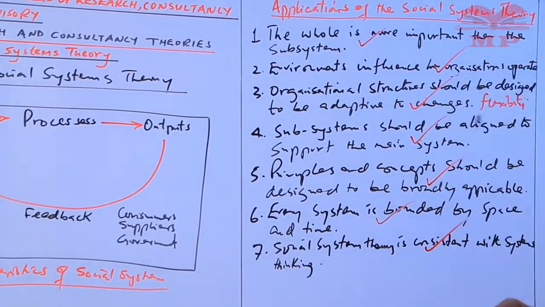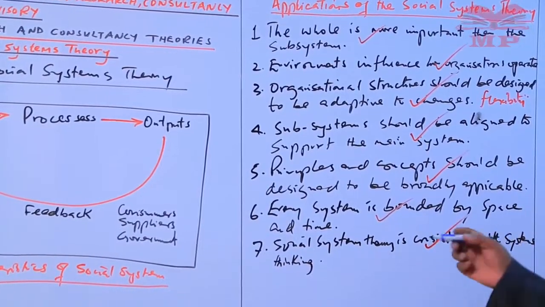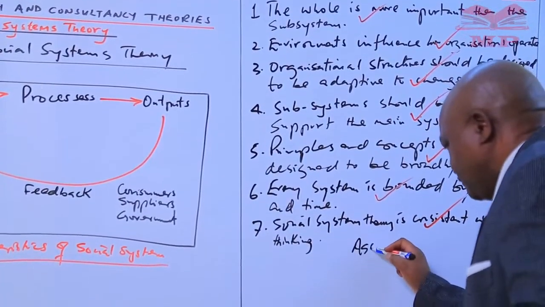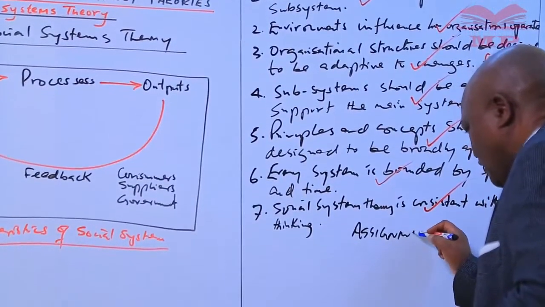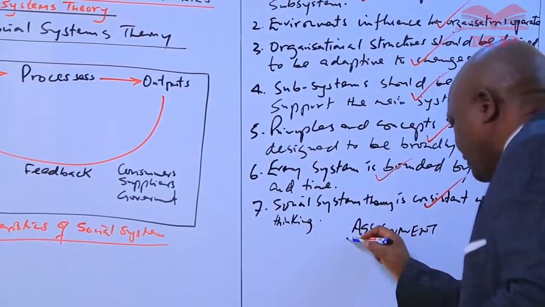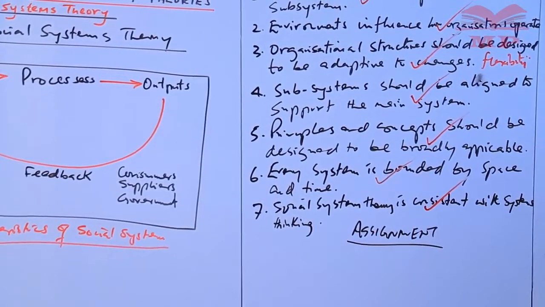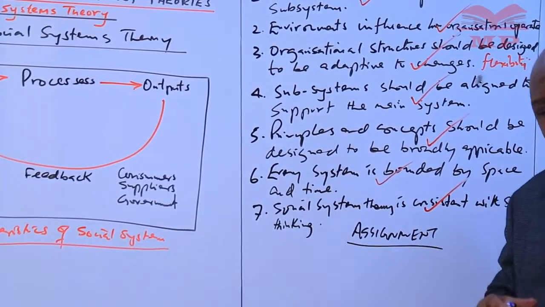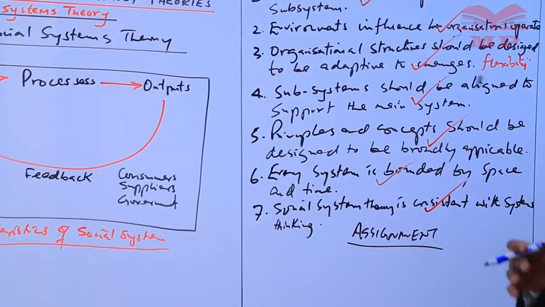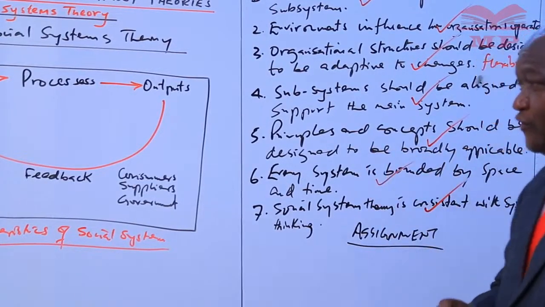And before we finalize the lesson, there is an assignment that you need to work on to be able to consolidate your knowledge in the area of theories as they are applied in relation to the social systems theory.